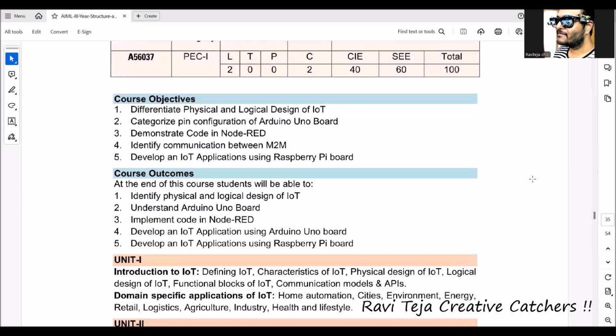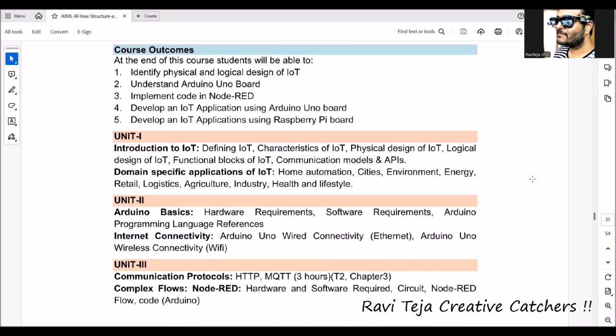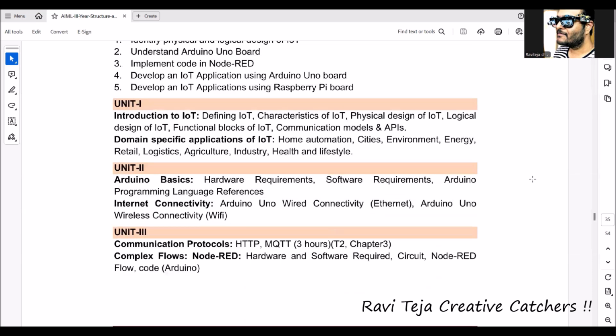So the first unit is completely related to the introduction of IoT, where we will be learning what IoT is, the definition of IoT, and we are also going to see the characteristics, physical design, logical design, functional blocks, and also various communication models.